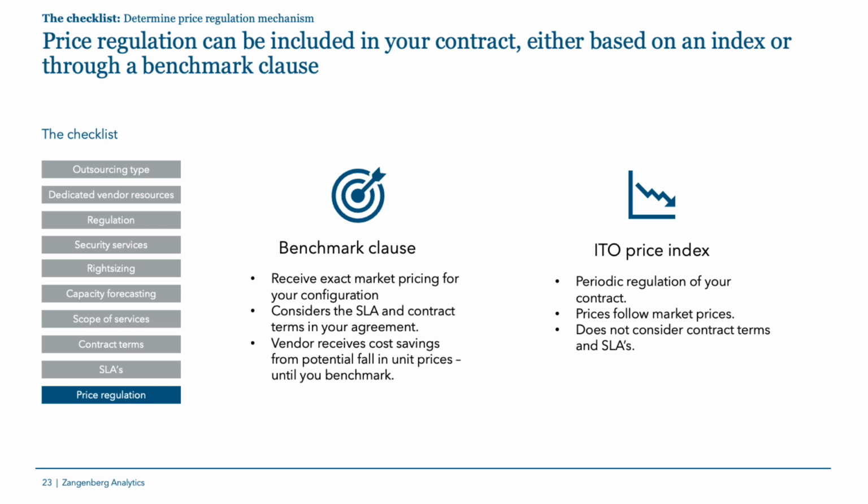It's mainly driven by the server or the hardware prices and the software prices, because the technology has made it so that one man can manage a whole lot of infrastructure. So if you have a fairly old ITO agreement which includes data center services such as server and storage, and it's regulated with a general price or wage index, there's a good chance that you are paying above market prices at the moment.